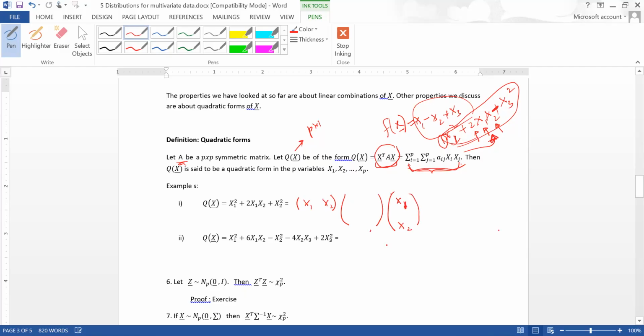So what's the dimension of the matrix A now?